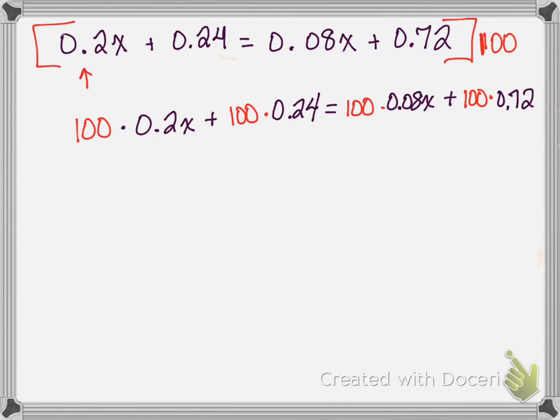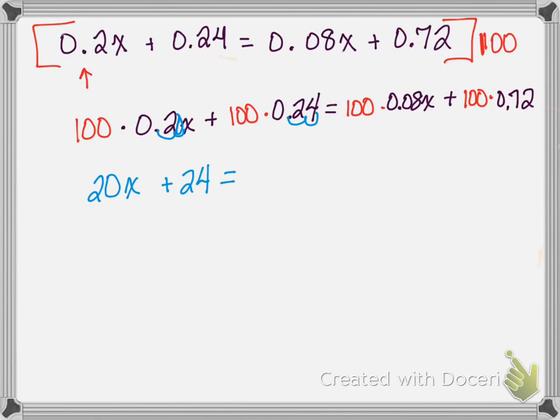Okay, now 100 times 0.2. I've got to move that decimal spot twice. Okay, and I don't really have room here, so what do I have to stick right there? 0. So 2/10 x, once I multiply it times 100, becomes 20x. 24 hundredths, once I multiply it by 100, I move that decimal spot 2 spots, and I get 24.